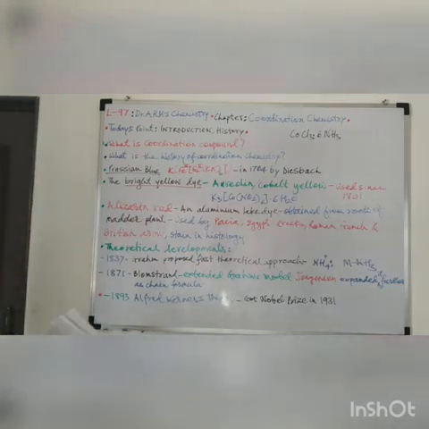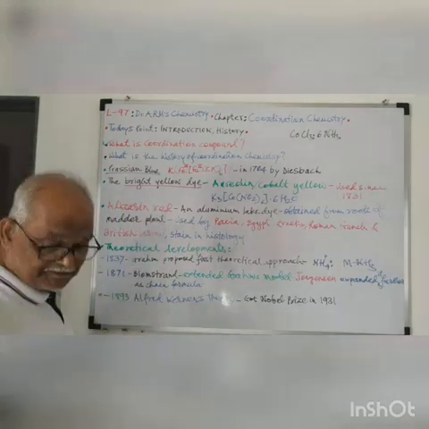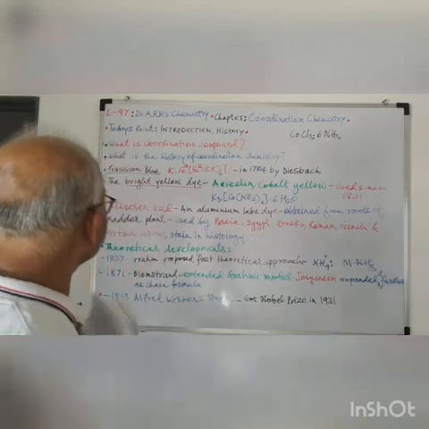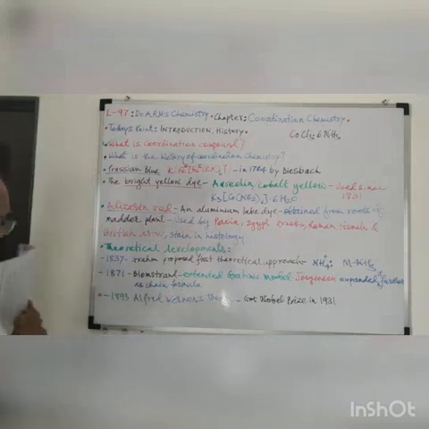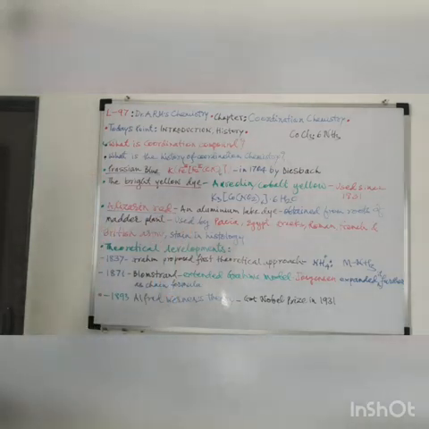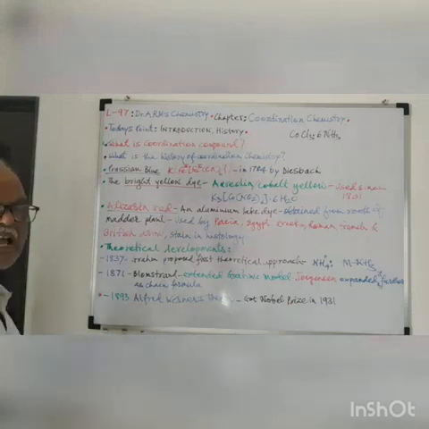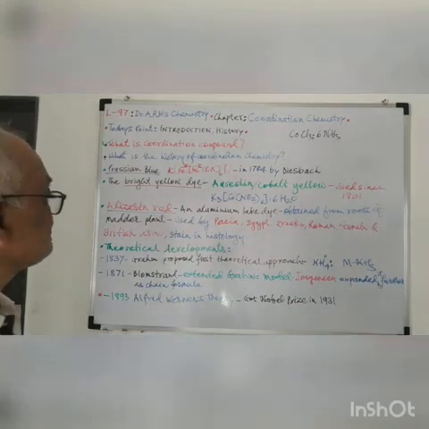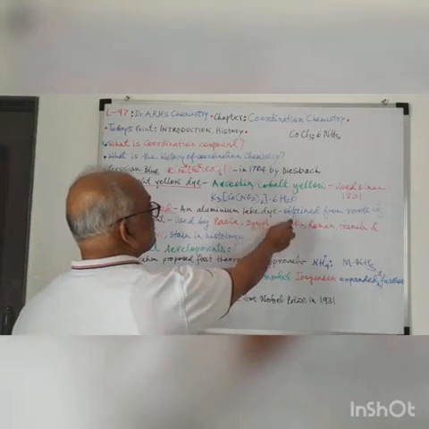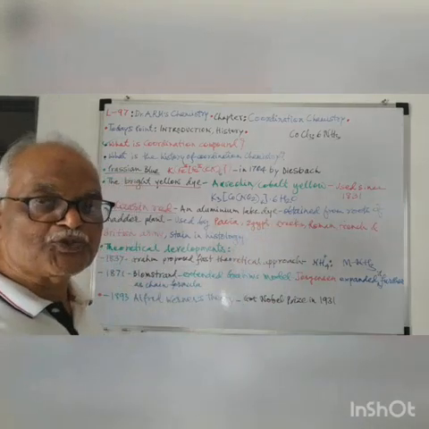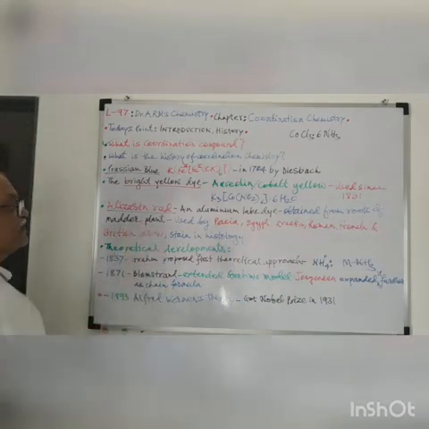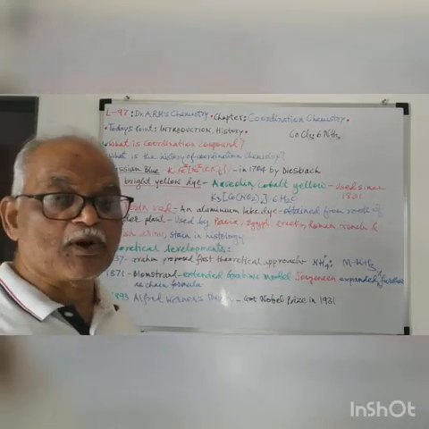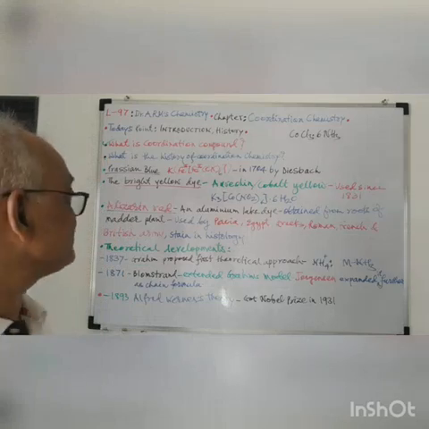Then next is alizarin red dye. This alizarin red is also an aluminium lake dye. It was extracted from the roots of the madder plant.